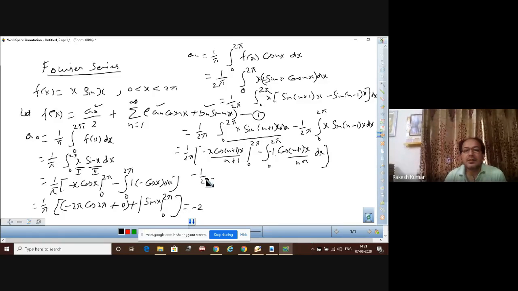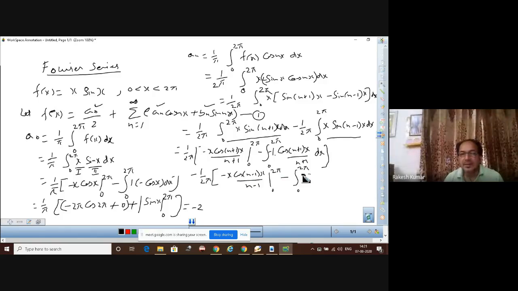Similarly, we can integrate the second term also, and the second term is the first function as it is. Integration of sine is minus cos (n minus 1)x over n minus 1, with limits 0 to 2 pi.